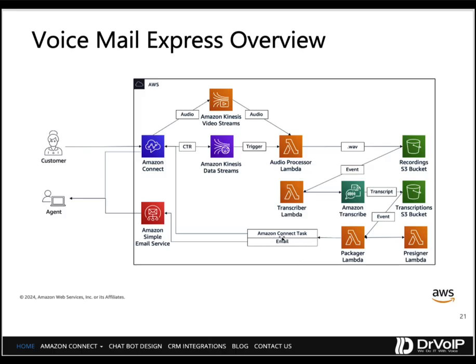And at that point, it is either delivered as an email or as an Amazon Connect task. The way I'm working is to use tasks for messages that are left in queues and emails if they're left for a particular agent. And this is all done through another AWS service called Simple Email Service.